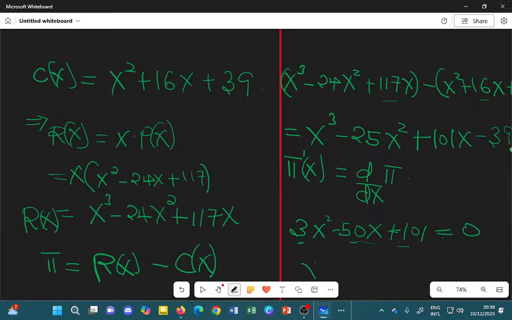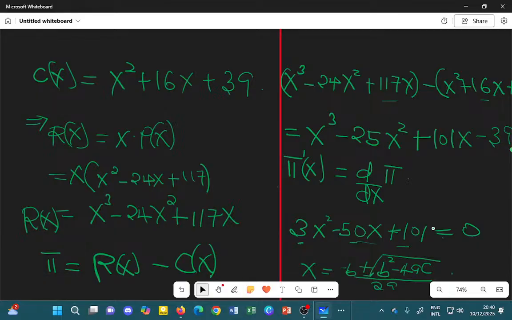You recall the formula: x is equal to minus b plus or minus the square root of b squared minus 4ac, all under root, divided by 2a. That's the quadratic formula.